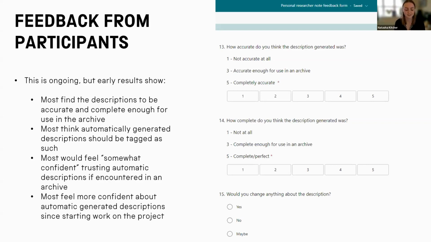My feeling is that this is the only way to do our due diligence in letting the audience know about the role individuals as well as the large language model played in creating the description. I think in the future, it's important to show that large language models were used in an archive, but let's do this in a way that celebrates the involvement of individual researchers and volunteers where we can.